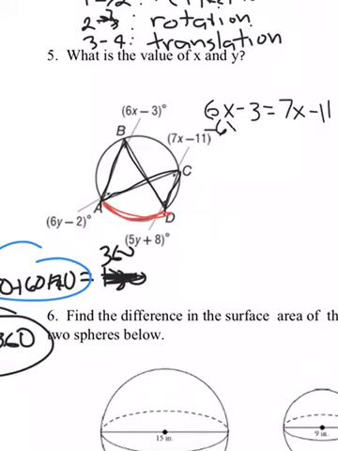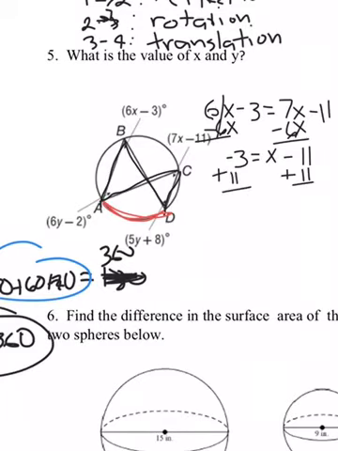So let's see, minus 6x here, negative 3 equals x minus 11, plus 11 there, and that's 8.